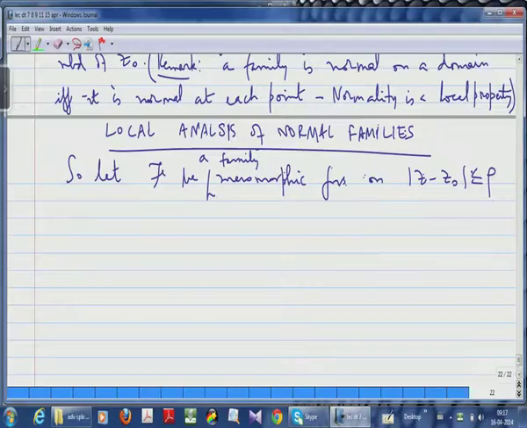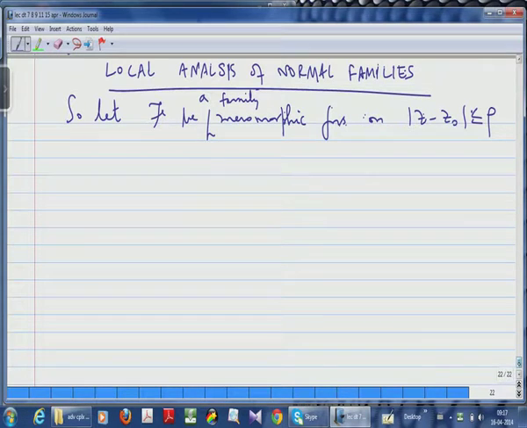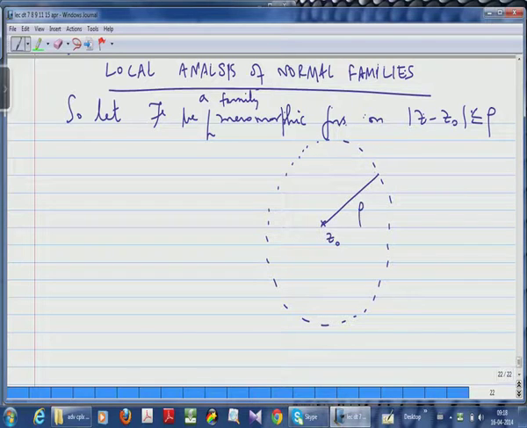Now let me draw a diagram. Here is z0, and here is the disk centered at z0 of radius rho.